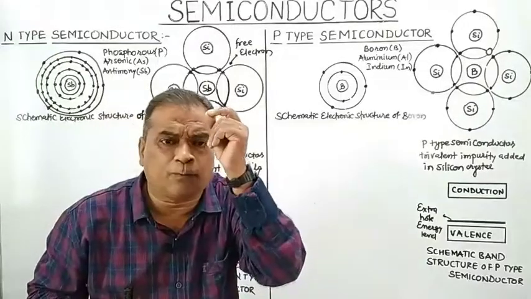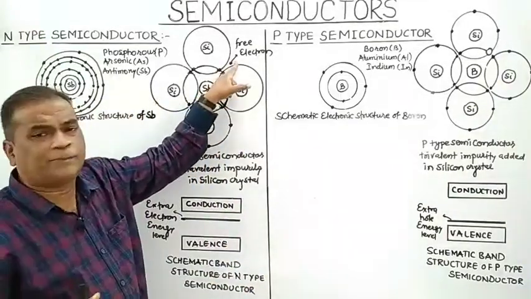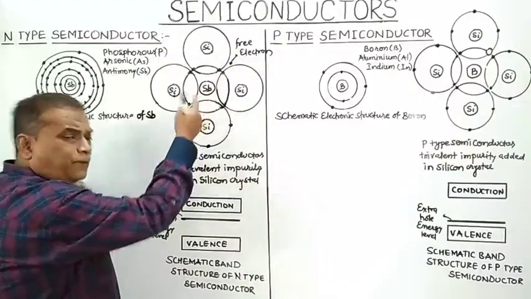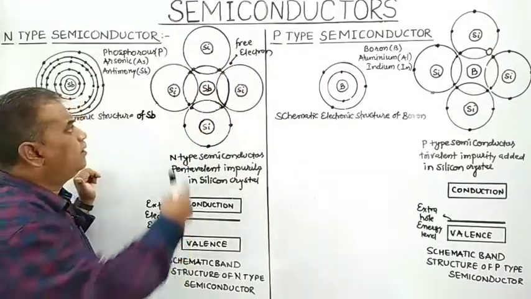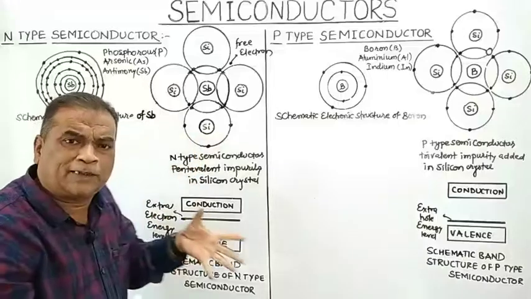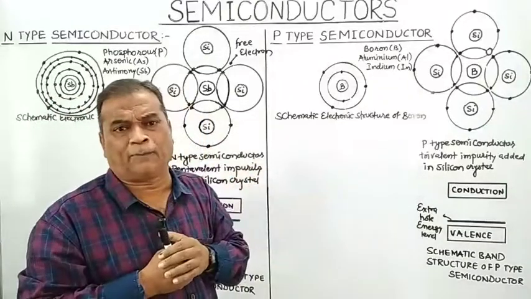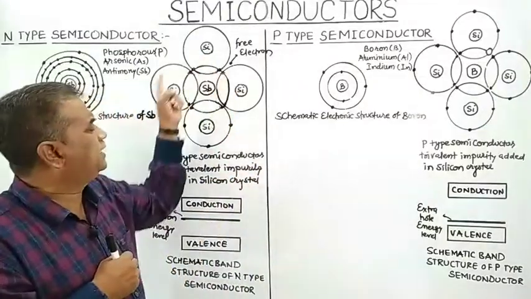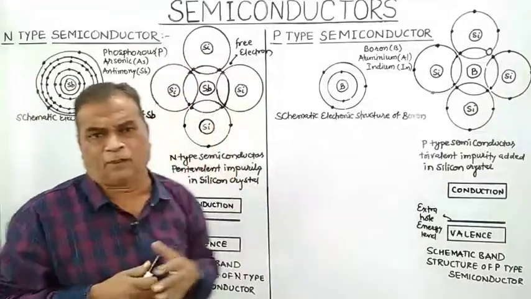And as far as that 5th valence electron of antimony is concerned, see here, antimony has 5 valence electrons, 4 of which were used in the formation of what? 4 strong covalent bonds, because it shares 1 electron each from 4 of its neighboring silicon atoms.